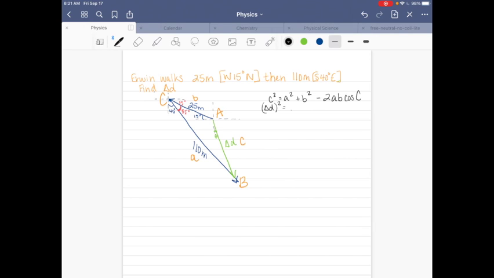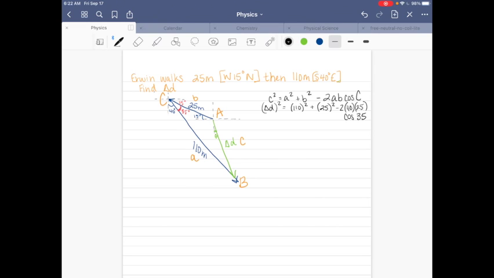And then I have a squared, which is my 110, plus my b squared, which is 25, minus 2 times 110 times 25, I've run out of room, cosine of my angle C, which is 35 degrees.